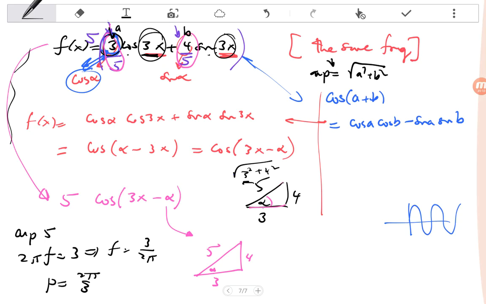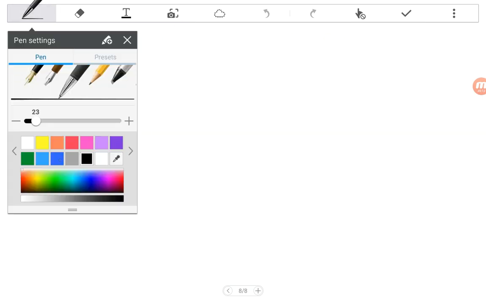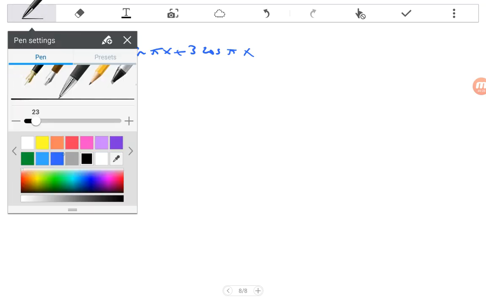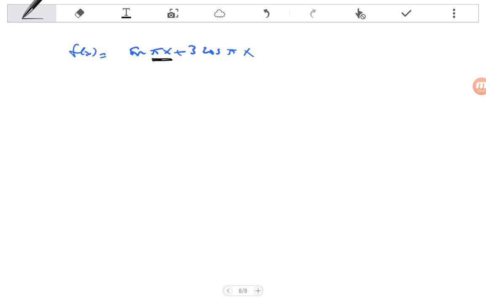So, for example, another example. Let's say that we have f of x is equal to sine pi x plus 3 cosine pi x, and I need to find the amplitude, the frequency and the period. What is the amplitude in this case? Remember, I have noticed that this is the same frequency inside the cosine and sine.